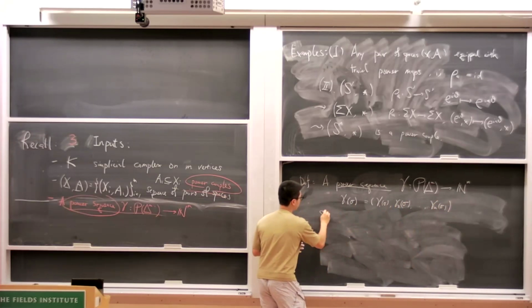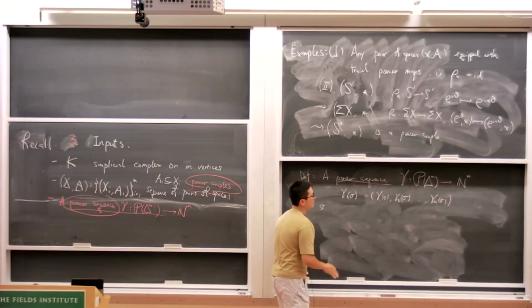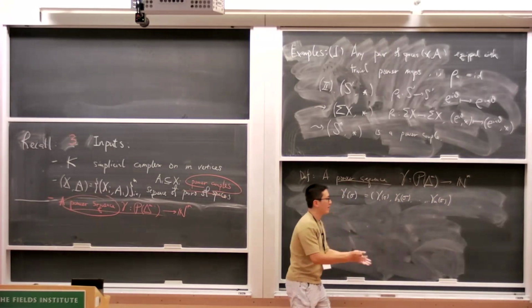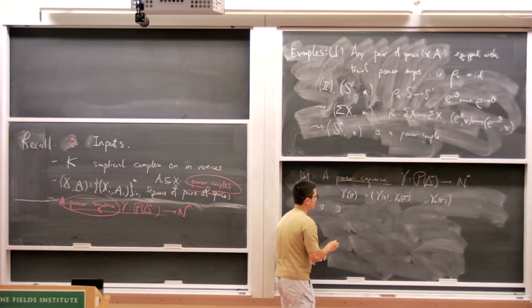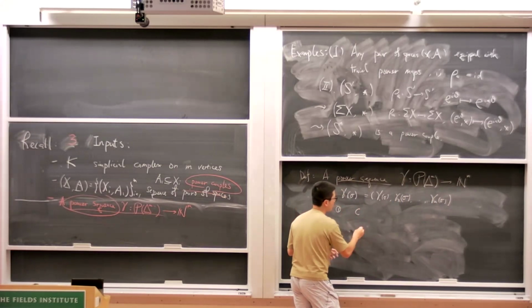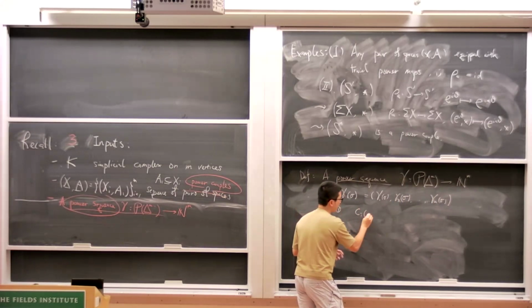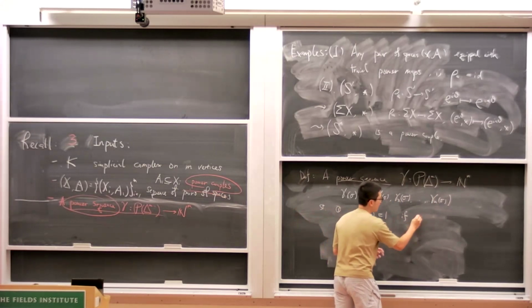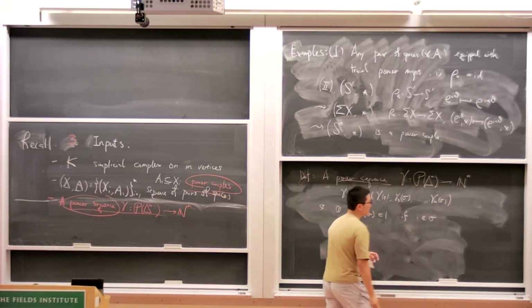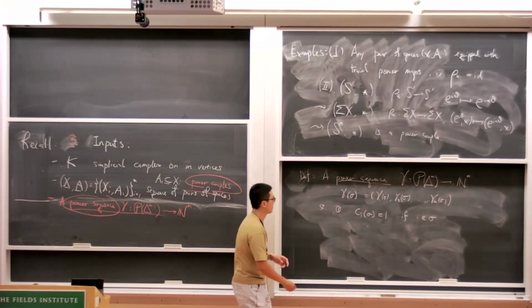And then we want these coordinates to satisfy the following conditions. First one, we want gamma I sigma to be equal to 1 whenever I is not contained in sigma.